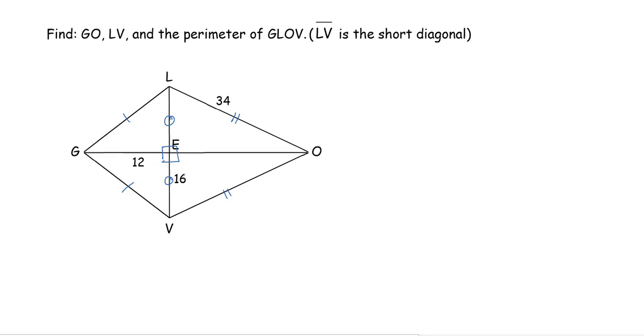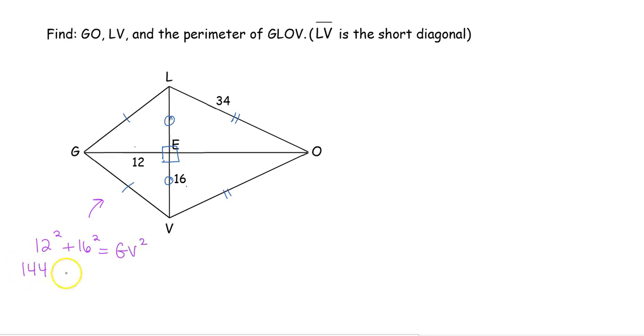We want to find all of these side lengths. We think way back when to the Pythagorean theorem. We have these right angles, so we have these triangles. It's leg squared plus leg squared is equal to hypotenuse squared. So over here, leg squared plus leg squared is equal to the hypotenuse of GV squared.